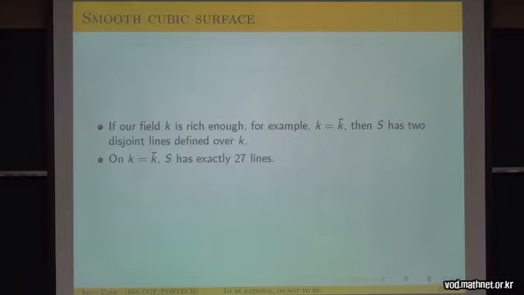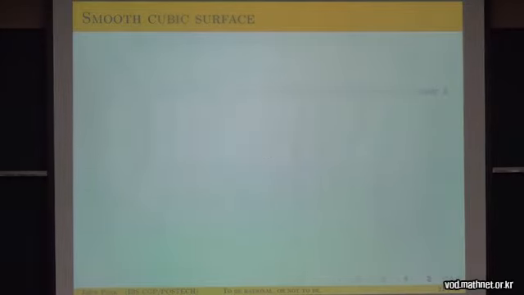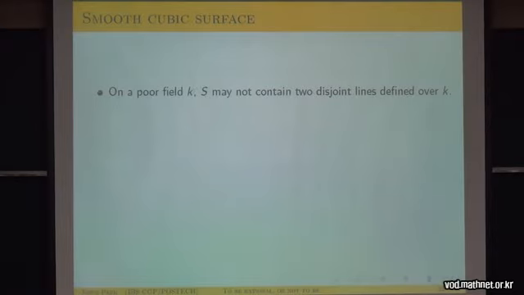So if K is very rich, for example algebraically closed, then you can always find two disjoint lines on the smooth cubic surface. But if your field is poor, then it's not true. You cannot find these two disjoint lines.